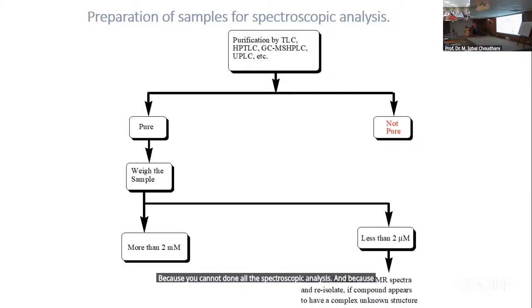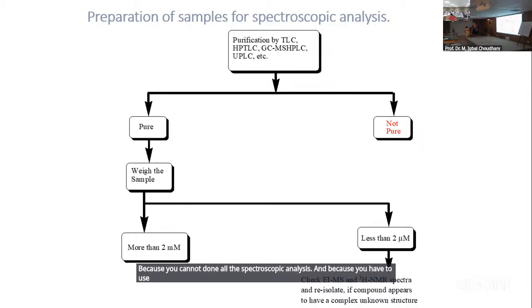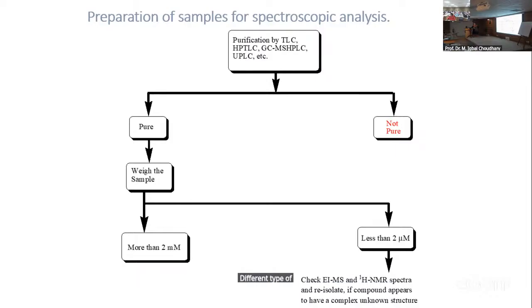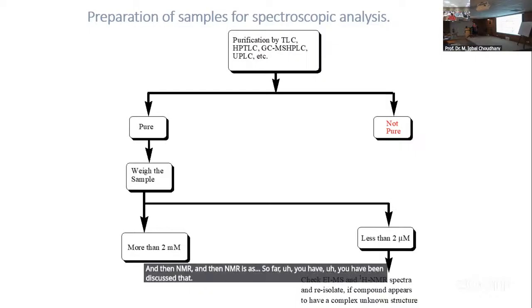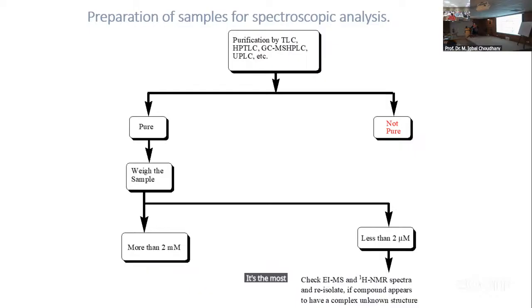You have to use IR, UV, and different types of mass spectroscopic techniques, and mass is a destructive technique, and then NMR. As you have discussed so far, NMR is the most insensitive technique.